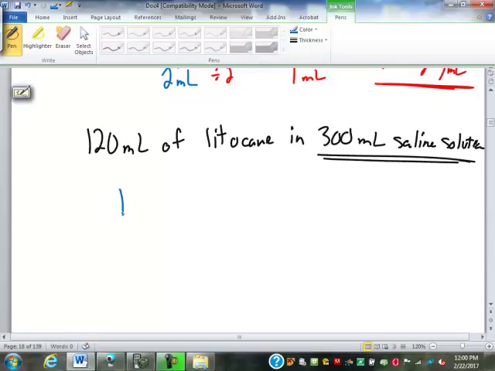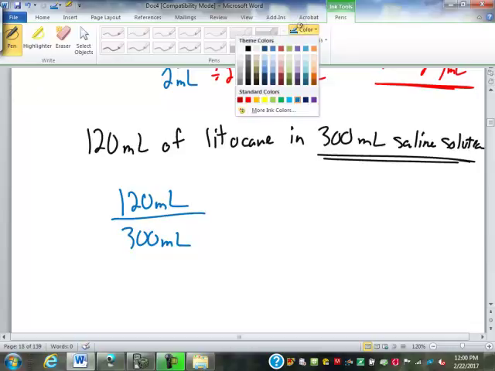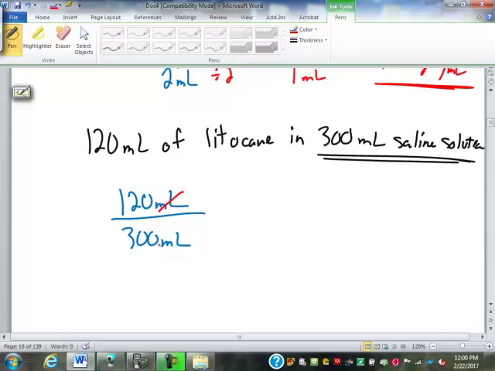So this is 120 milliliters out of a total of 300 milliliters. So the milliliters cancel out. Again, the units cancel out. So again, we're back to working with a ratio. And both the 120 and the 300 can be reduced by 60. So that is a 2 out of 5 ratio. So 2 out of every 5 units in that solution is lidocaine.